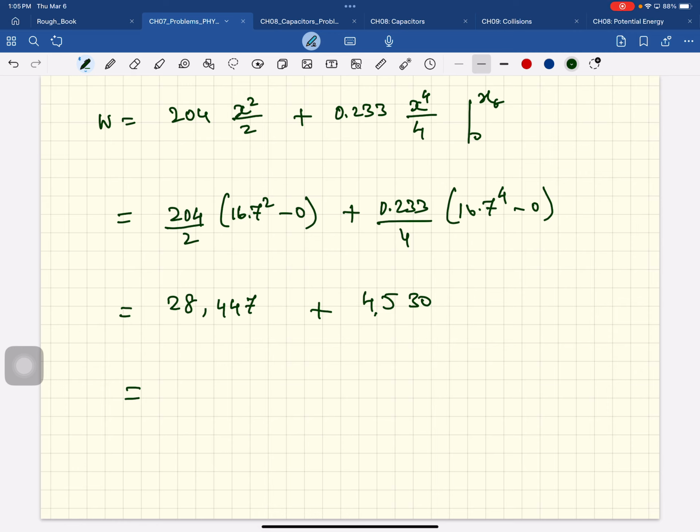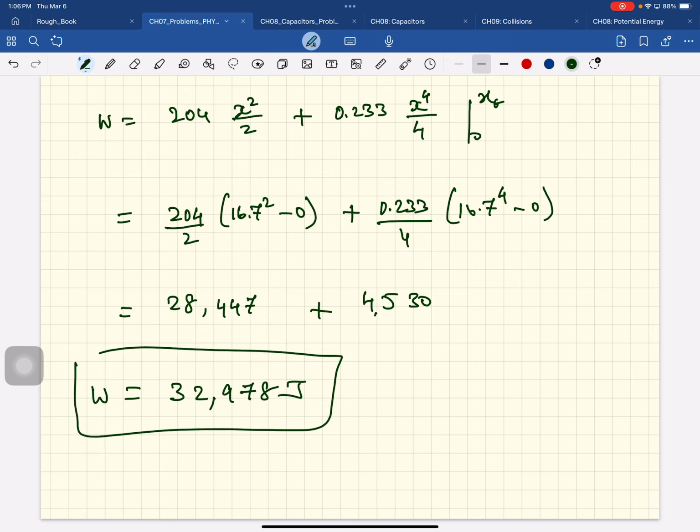And this works out to, so that's the work done in stretching the bungee.